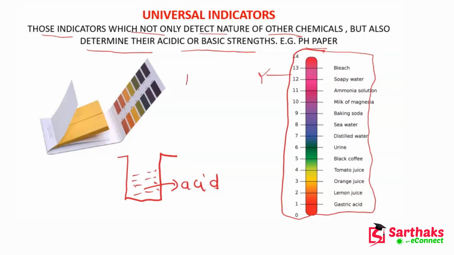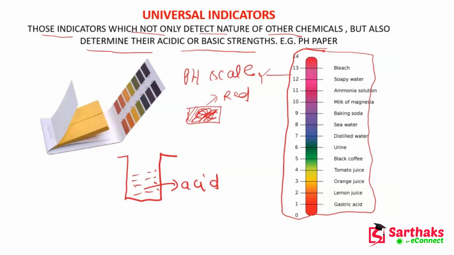This is the pH scale. So guys, when you match the color of this pH paper with this pH scale, let's suppose the color of the pH paper becomes red, and if you match this color on the pH scale, it will match here.